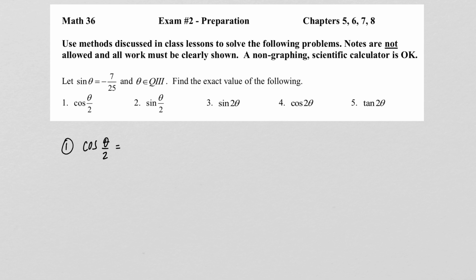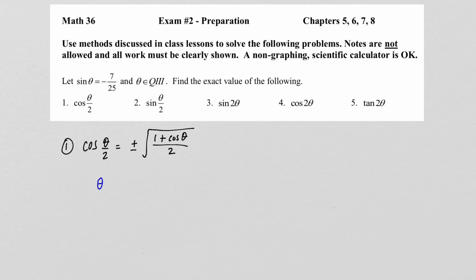Cosine of theta over 2 is plus or minus the square root of 1 plus the cosine of theta all over 2. Now, as an important note here, the plus or minus is a choice that you need to make based on where theta over 2 lies. What we know about theta is that it is in the third quadrant.